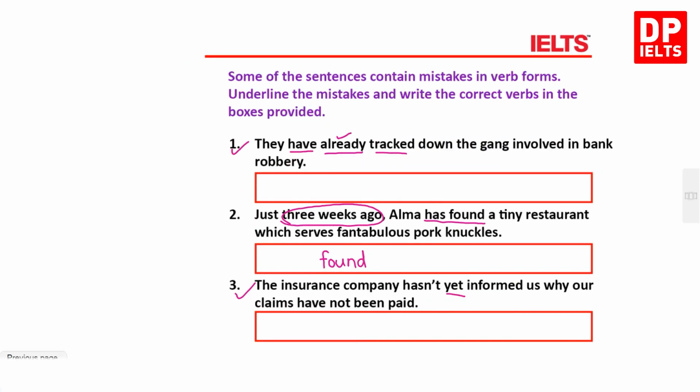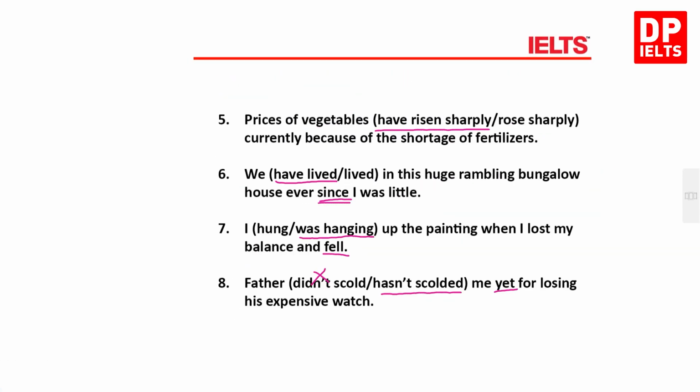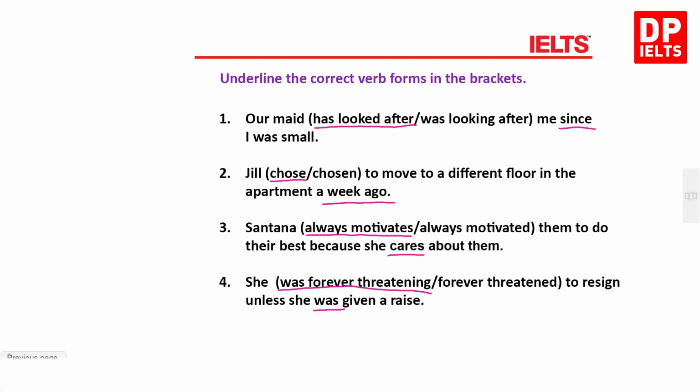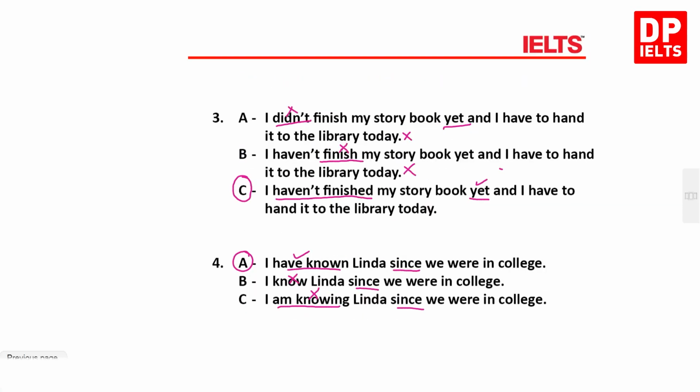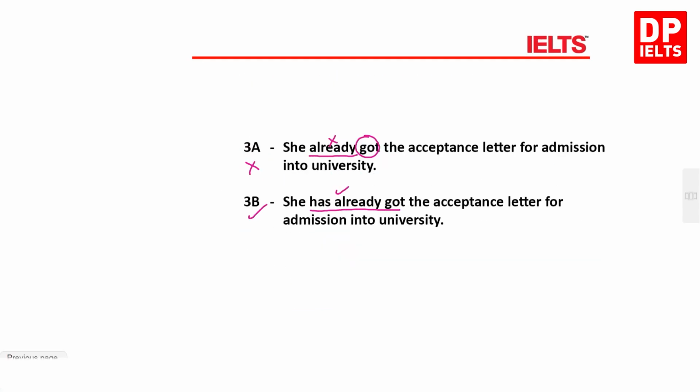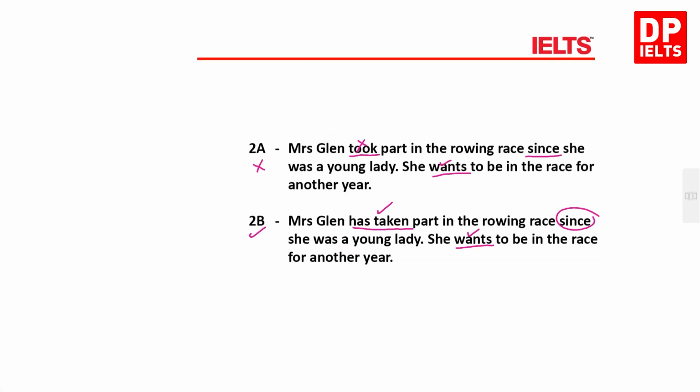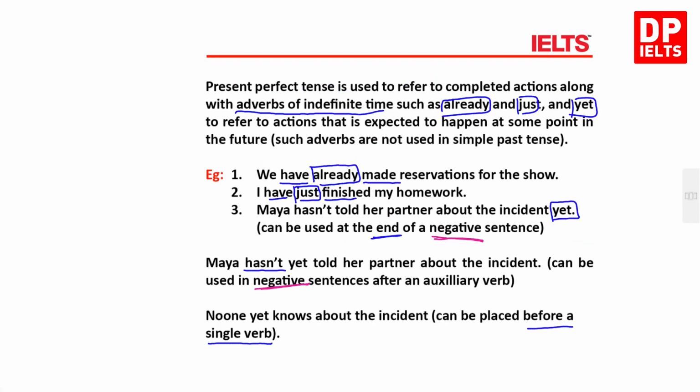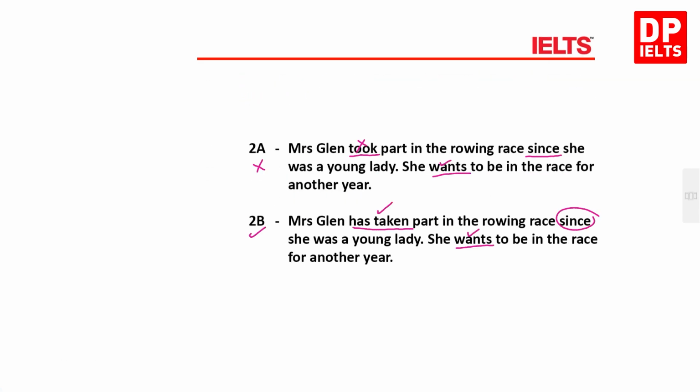Now, let us go back and have a look at it. So, I remind it for you, so you'll be able to do it easily. Already, just, and yet, it does not come with the simple past tense.